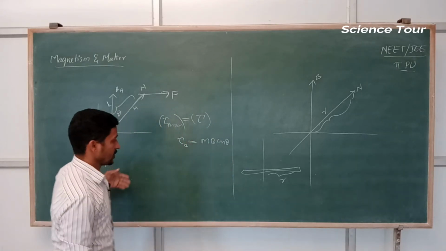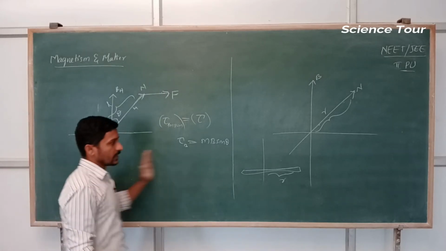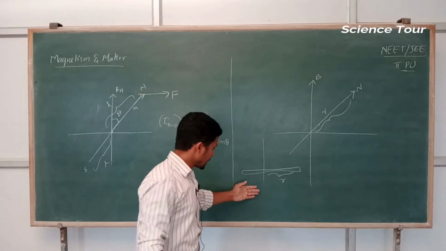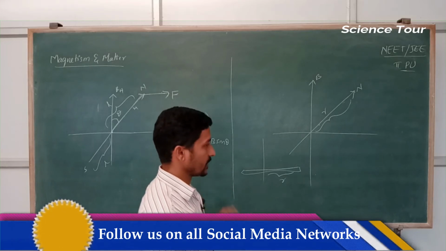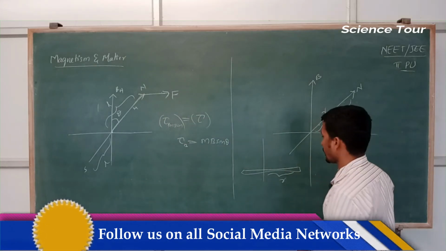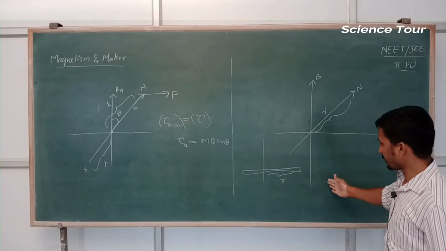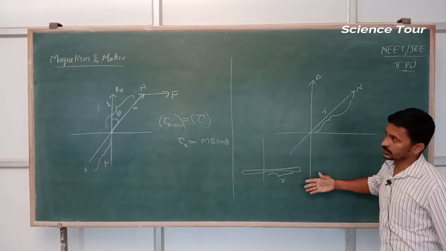If I apply the force along the length, it is not going to rotate. So I have to change the direction: 10, 20, 30, 40, 50, 60, 70, 80, up to 90. 90 means maximum. Along the length there is no torque.